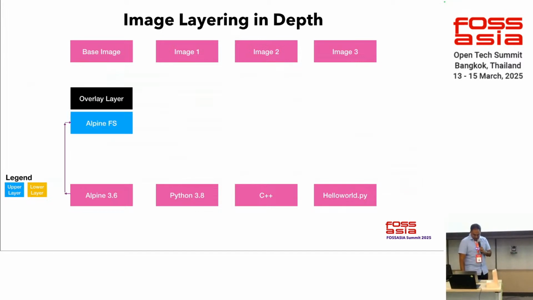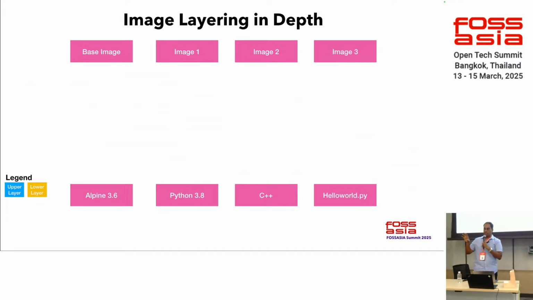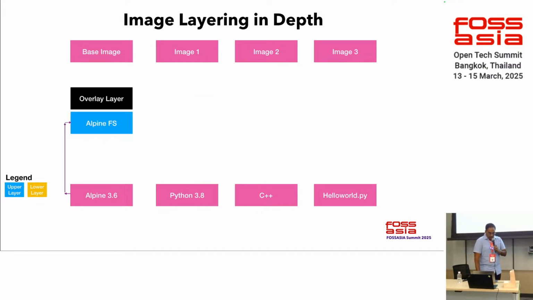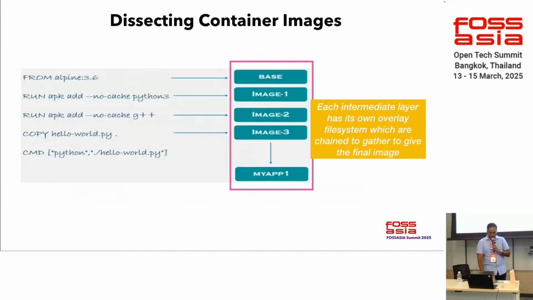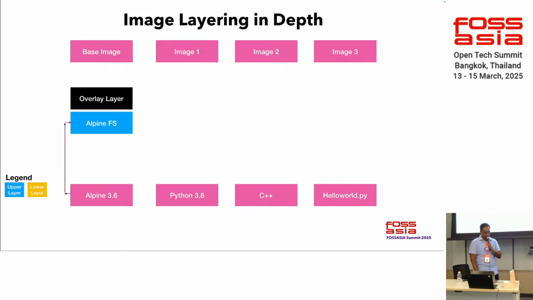So what this means is, I'm going to give you a simple animation which will show you how the final Docker image is created, with reference to this Docker file. So first we are going to install the base image, which is the Alpine 3.6 image.